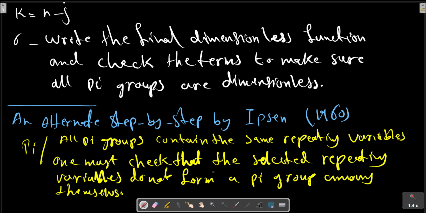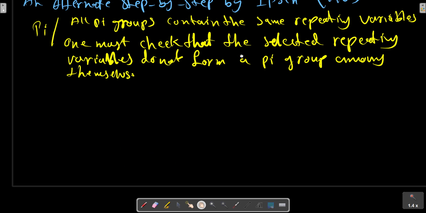These two conditions are for the pi theorem, and Ipsen suggests an entirely different procedure, a step-by-step method that obtains all the pi groups at once without any counting or checking.